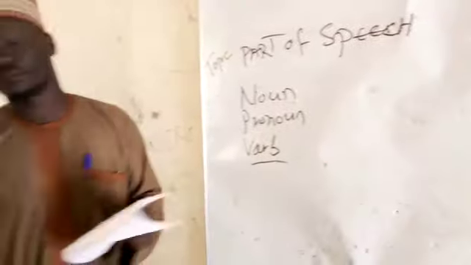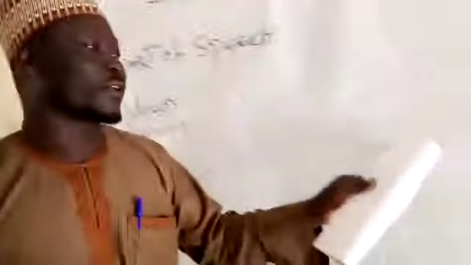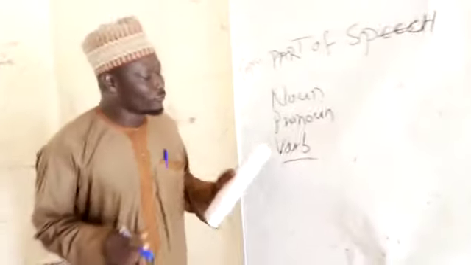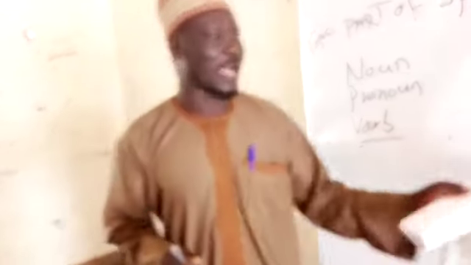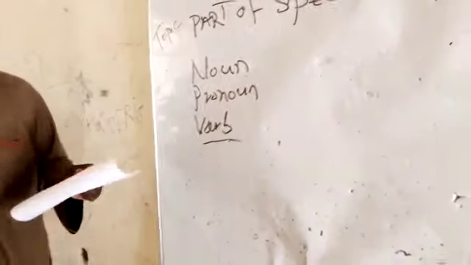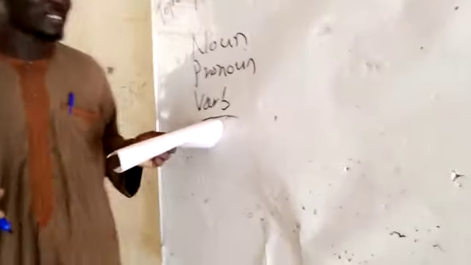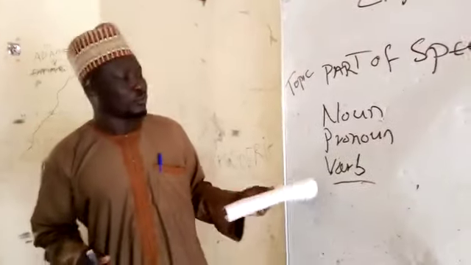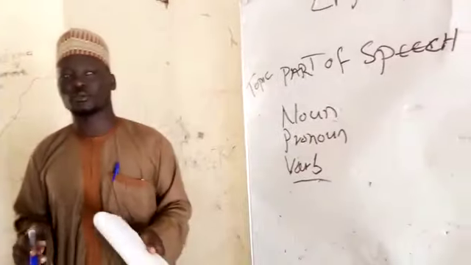Are we okay? Pronoun is a word that you use instead of a noun. Verb is anything that can take an action, like going, jumping. So these are examples of a noun, pronoun and verb.